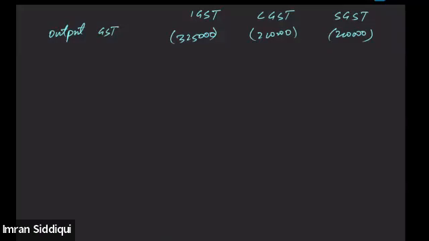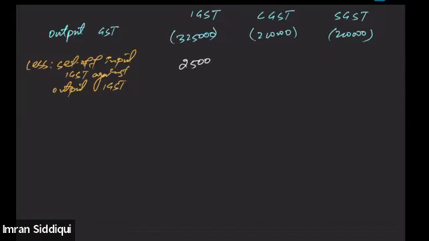Now, we'll first of all try to set off input IGST against output IGST, right? So the amount of input IGST given in the question is 2,50,000.